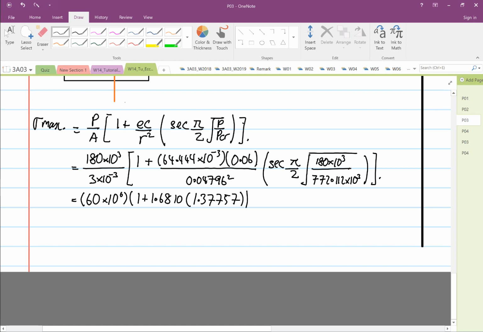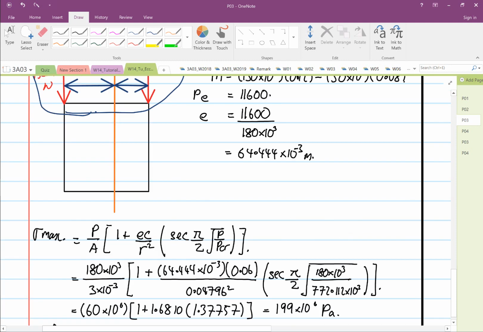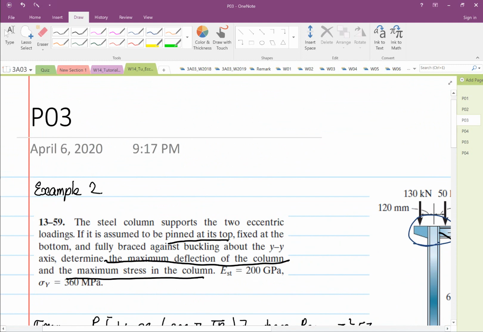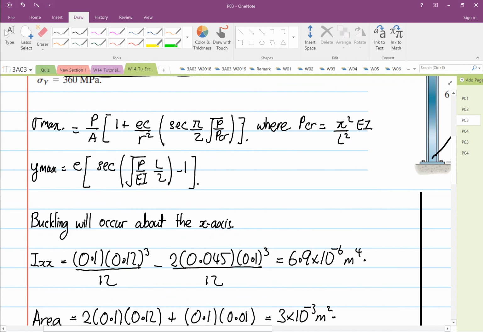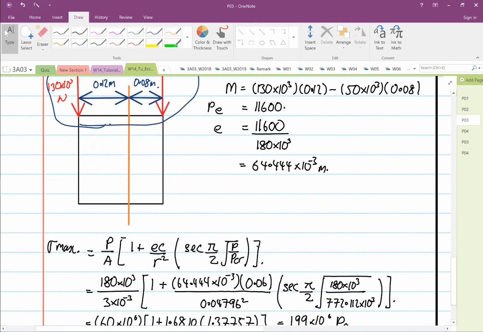So over here you found that the maximum stress is 199 times 10 to the power 6 Pascal. Therefore stress max is less than the maximum allowable stress of 360 times 10 to the power 6.